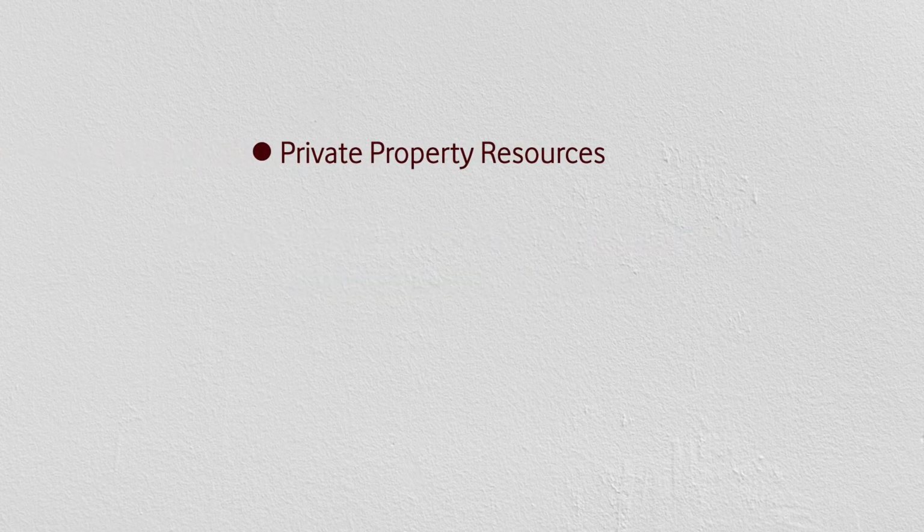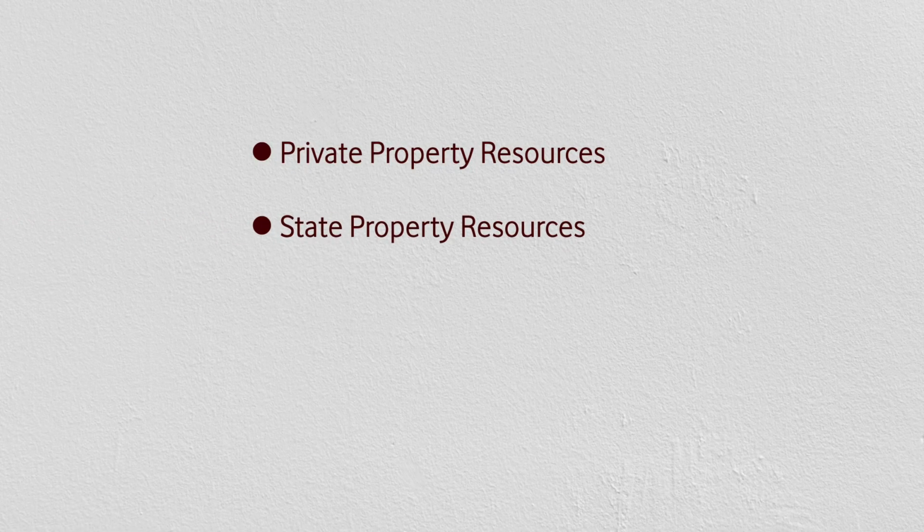There are private property resources which are owned by selected individuals or selected organizations, on which others do not have any role or ownership. Then there are state property resources which are owned by the state. Open access resources are free to use by everyone, and they include open places.